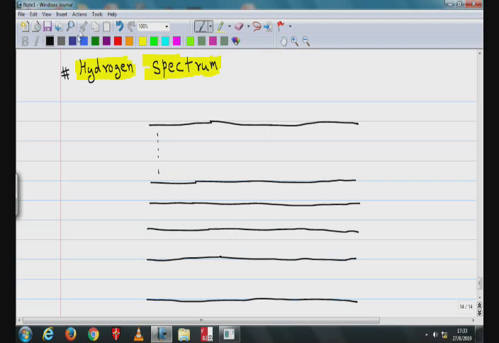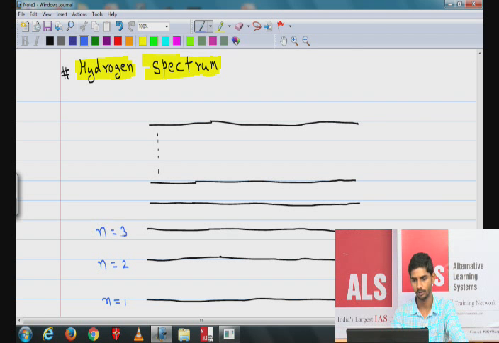This is n equal to 1. This is n equal to 2. Guys, these are the orbits actually. n equal to 3, n equal to 4, n equal to 5. And this is n equal to infinity. Okay?